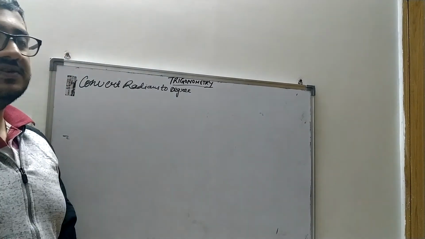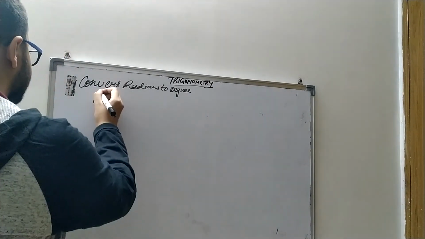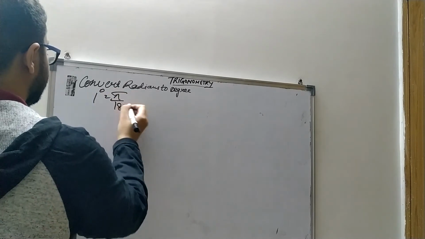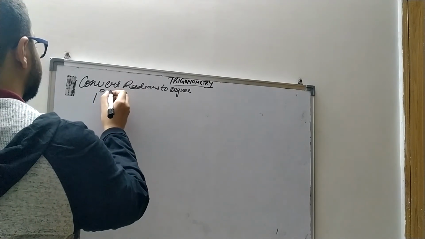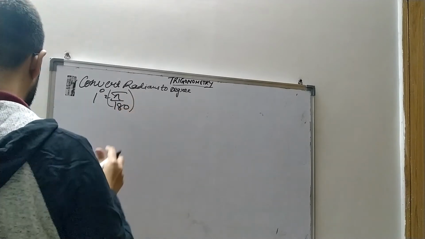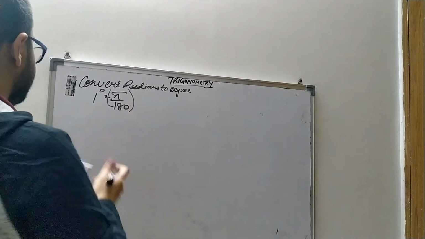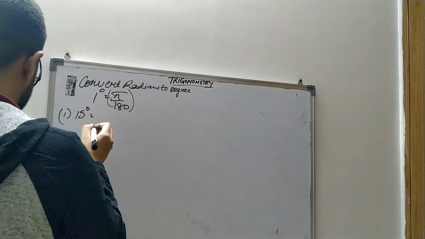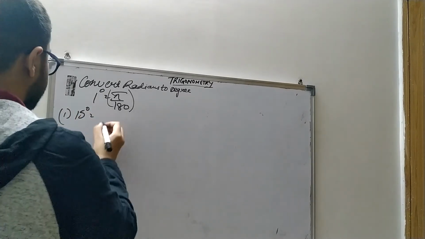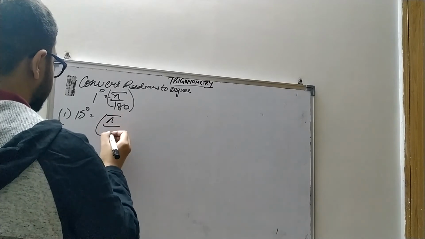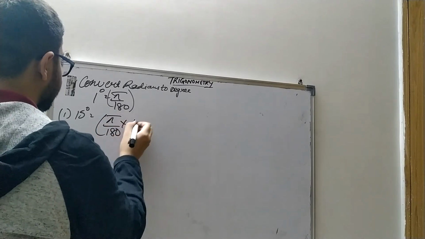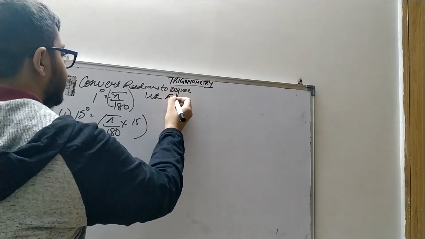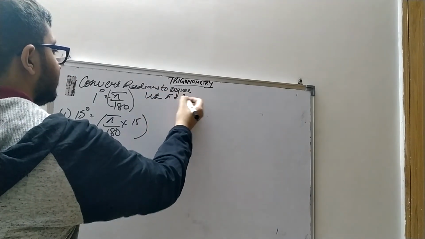Friends, we know that 1 degree is equal to pi upon 180 radian measures. So here 15 degree is pi upon 180 into 15. We use pi is equal to 22 by 7 here.